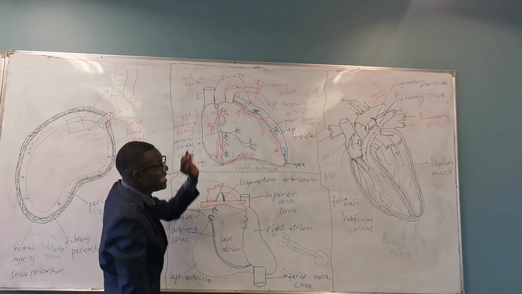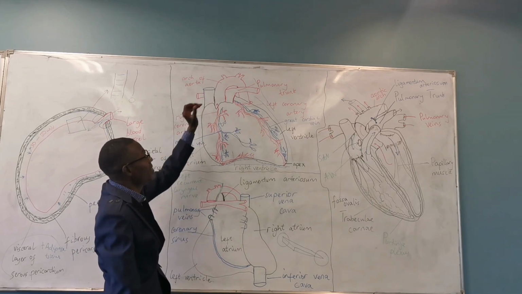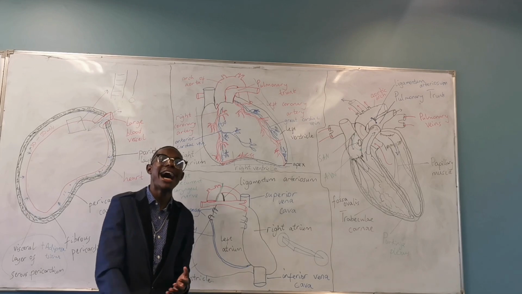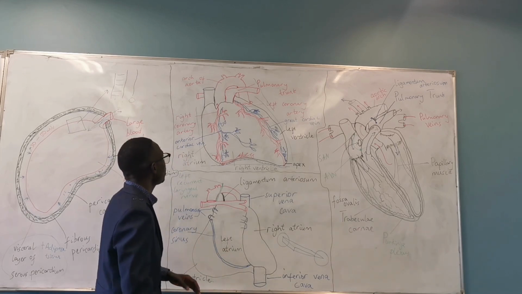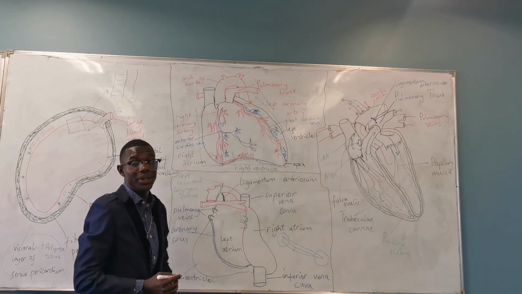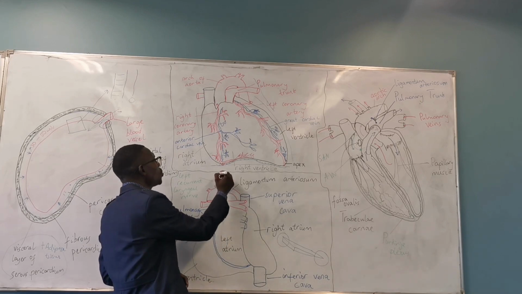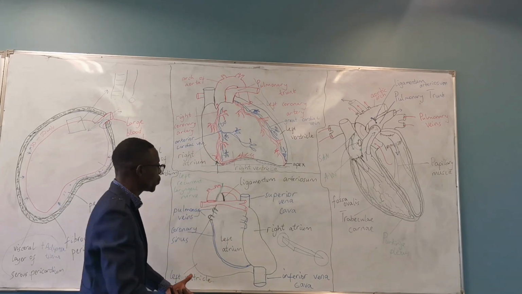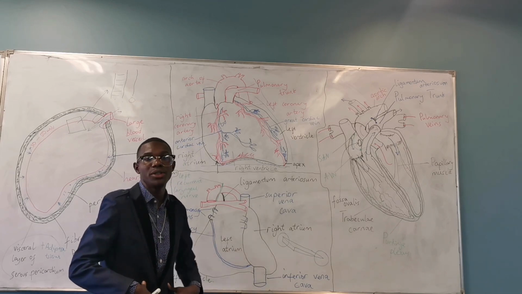So it's going to drain deoxygenated blood from the head, neck, and the region of the thorax that is above the diaphragm. So that is the superior vena cava. We are also going to have the inferior vena cava that is going to bring blood from the lower limb and the abdomen.